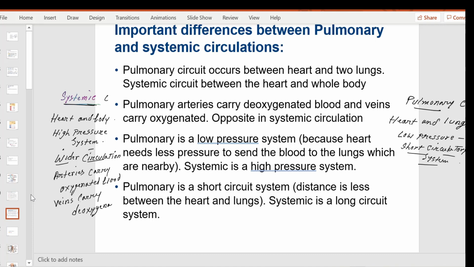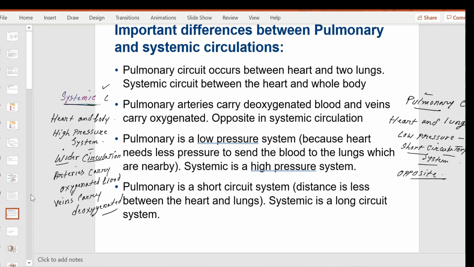In case of pulmonary, it is opposite. Arteries carry deoxygenated blood, and veins carry oxygenated blood. Okay, opposite of systemic. So these are a few important differences between the systemic circulation and pulmonary circulation.